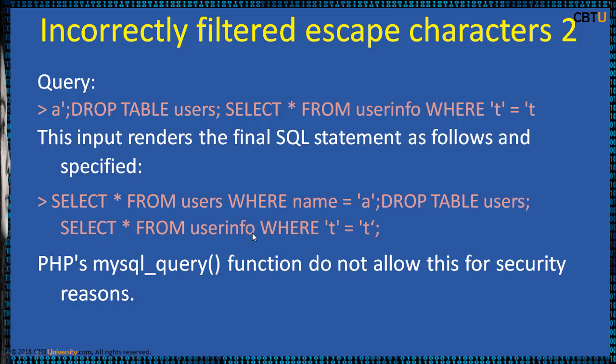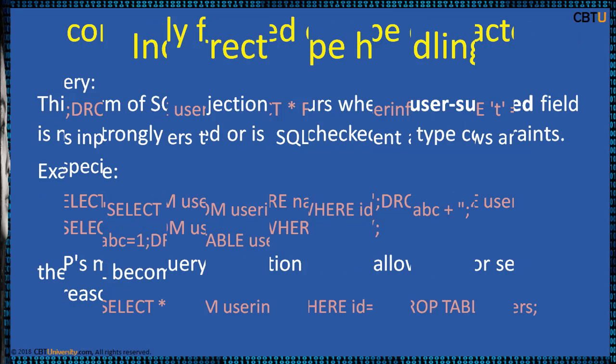Select star from users info where t equals t, which is always true. This will retrieve all the records from the table user info. PHP's MySQL query function does not allow this kind of input for security reasons. This prevents attackers from injecting entirely separate queries, but doesn't stop them from modifying queries.